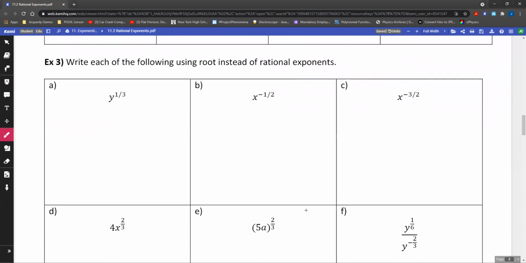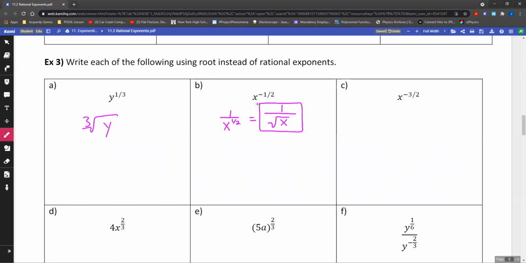So doing something similar to what we did in the previous section. So this becomes a cube root of y. The negative tells me that the x to the 1/2 is in the denominator, and the 1/2 tells me it's a square root of x.